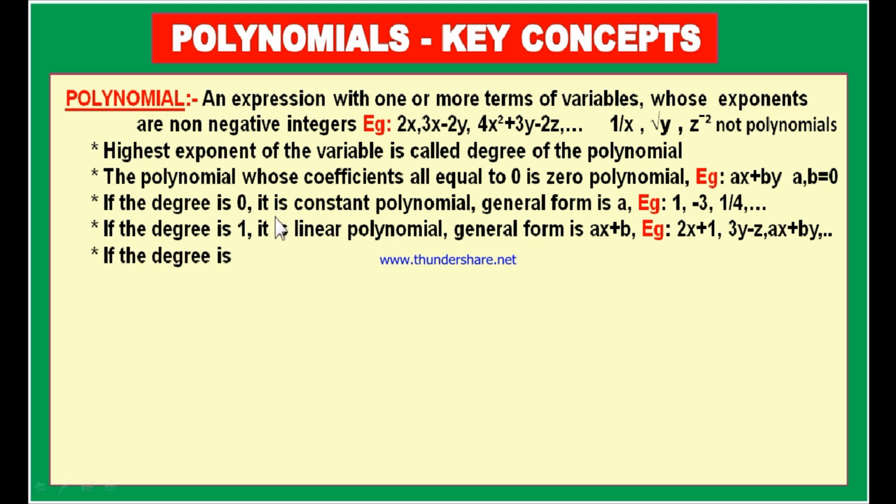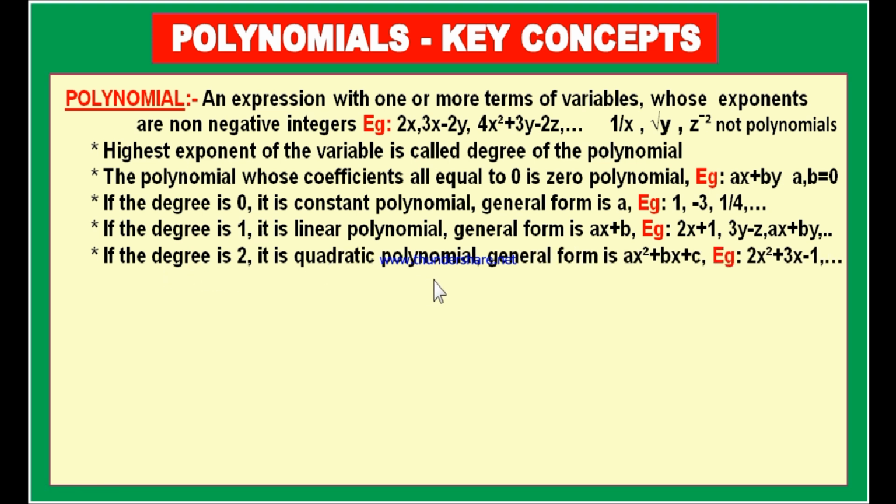Now, in any polynomial, if the degree is 2, then it is called a quadratic polynomial. The general form of the quadratic polynomial is ax square plus bx plus c, and a is not equal to 0. The condition is a should not be 0. What will happen if a is equal to 0? If a is 0, then 0 into x square becomes 0.